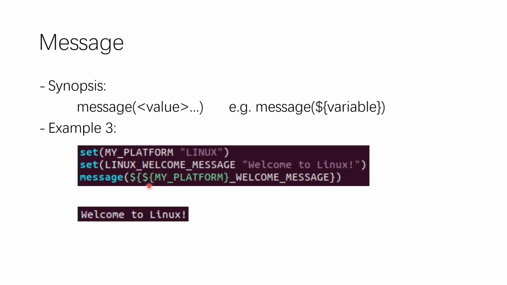So here, we want to print the variable Linux_welcome_message, but we replace the Linux with the variable myPlatform. And finally, it will become Linux_welcome_message. And we will see this message in the terminal. So the usage of variables is very flexible in CMake, and you may try more by yourself.